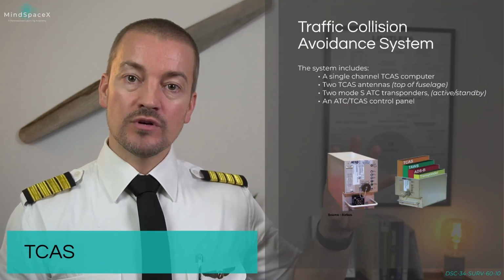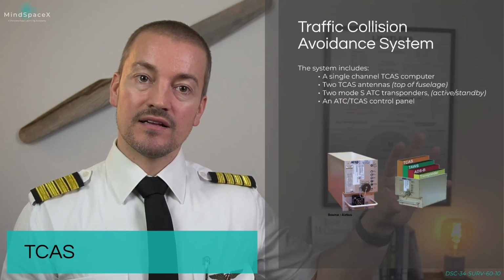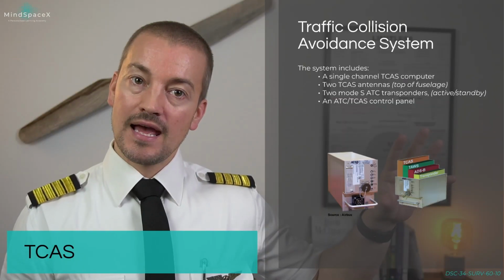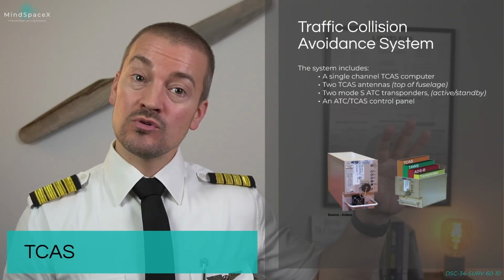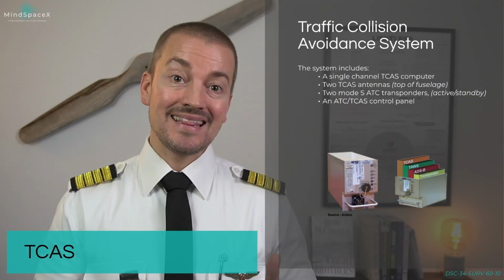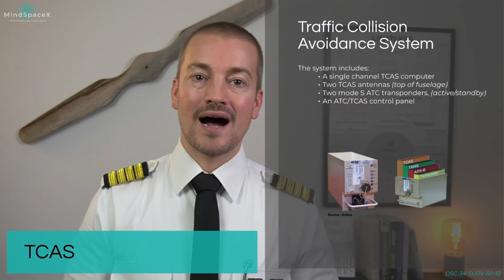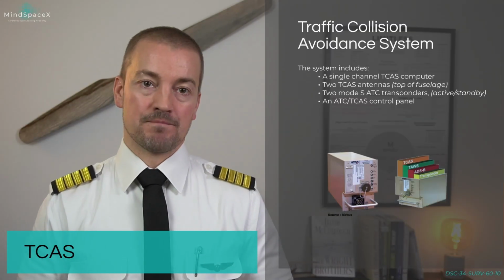Within the TCAS unit, you can see here that the TCAS, the ATC transponder, as well as the TAWS database and the ADS-B input and output functions are all part of the same system.